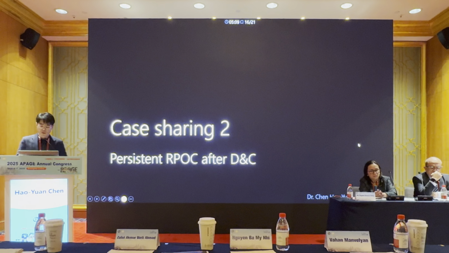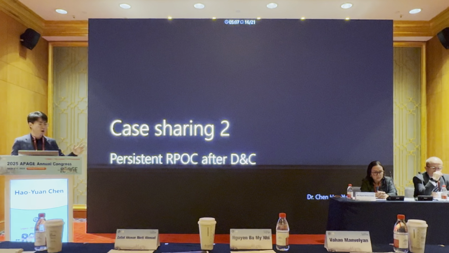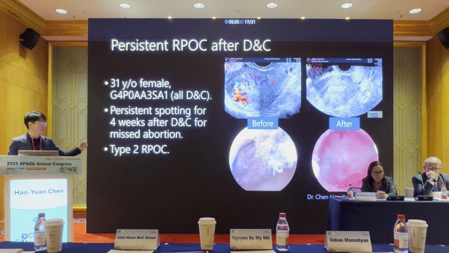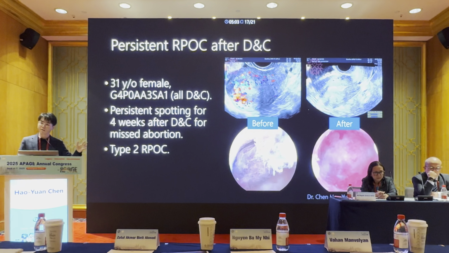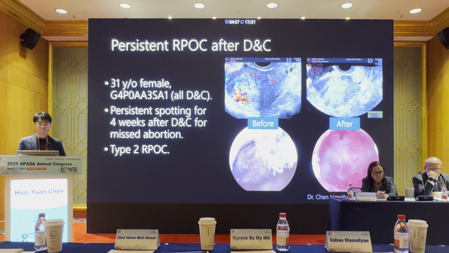The second case is a persistent RPOC after a DNC. This woman has had 3 elective DNCs before, and her 4th pregnancy was a missed abortion. She received another DNC for the missed abortion, but she continued to bleed for more than a month after the DNC, and it was a type 2 RPOC.